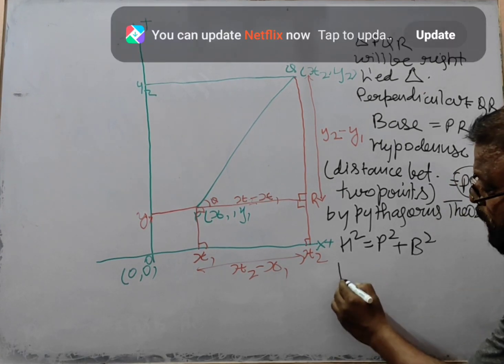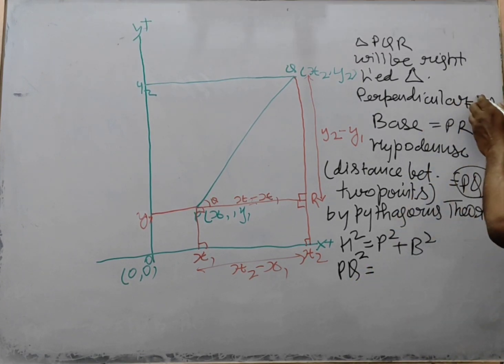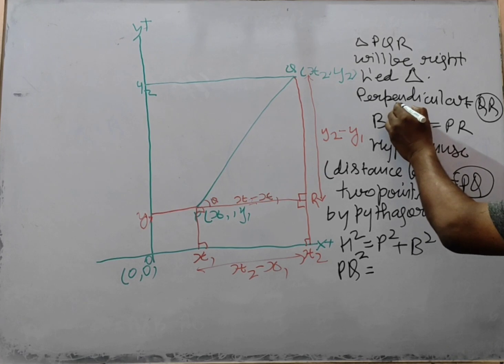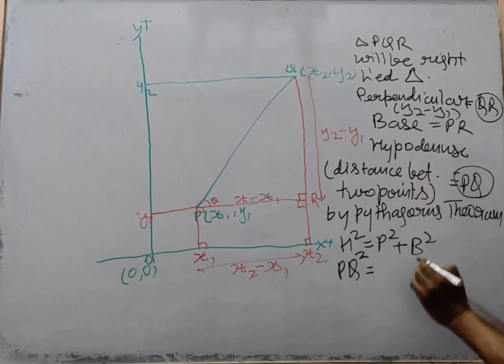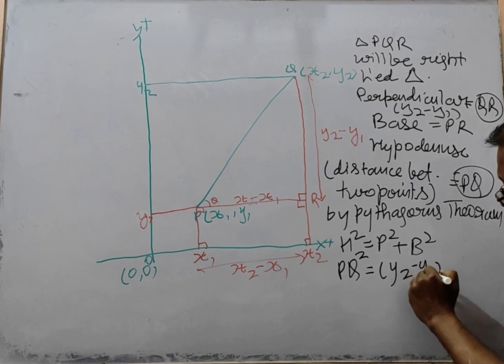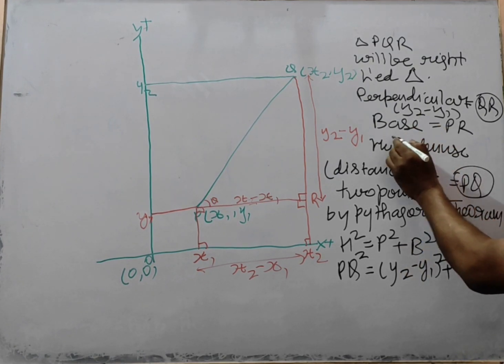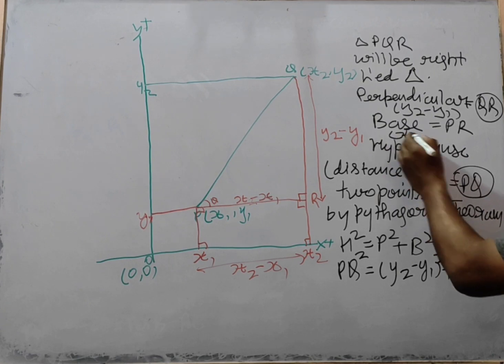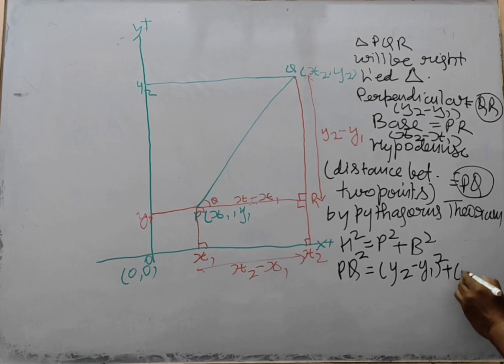So PQ square is equal to perpendicular, that is QR, whose value we know is y2 minus y1, so y2 minus y1 whole square, plus base PR, its value is x2 minus x1, so x2 minus x1 whole square, right?